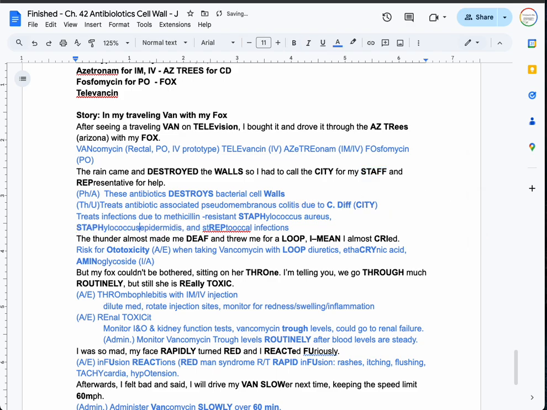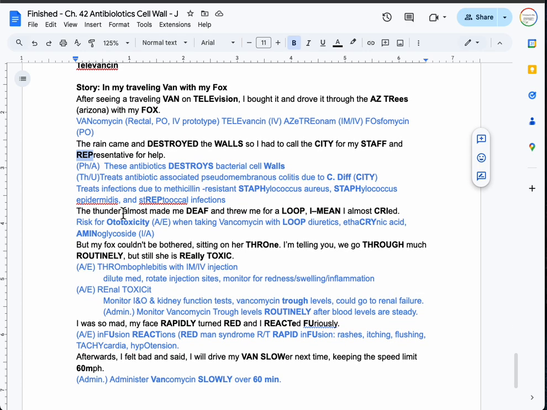And staph epidermidis, and streptococcal infections. These are both staph, but this is not staph, this is streptococcal. So that's why I had to call the city for my staff and streptococcal representatives for help.